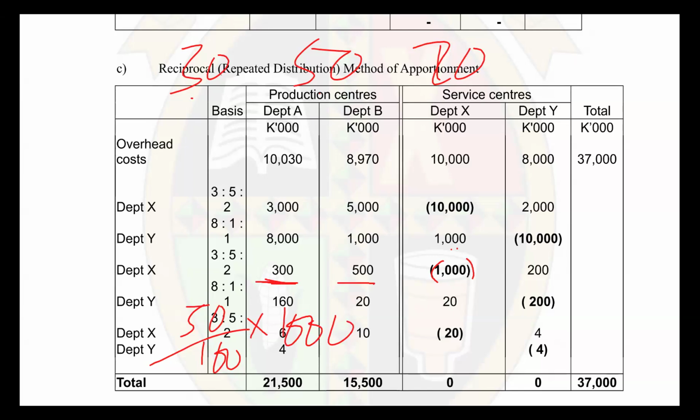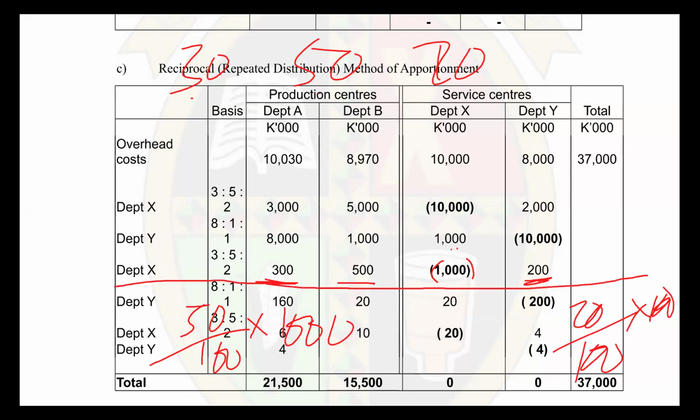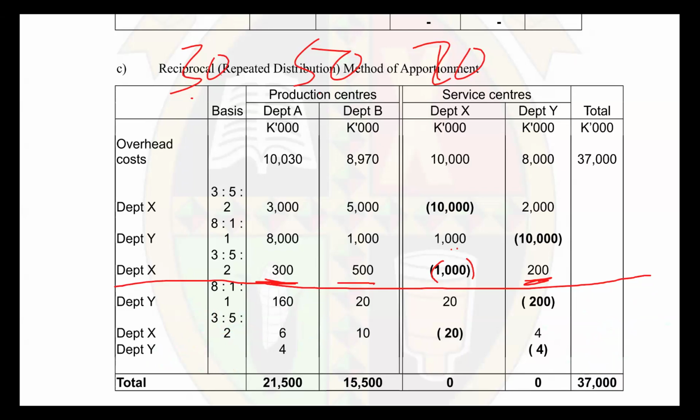Then Department Y is getting 20%. So you say 20 over 100 times 1,000. That gives you 200. So the 1,000 has finally been shared or distributed like that. Are we good up to there? This is the repeated distribution method or the continuous allotment method. You are getting better.